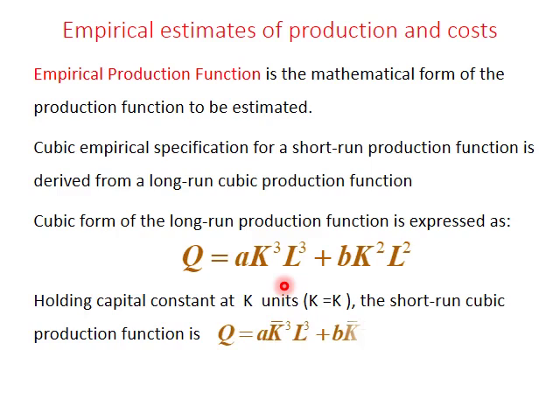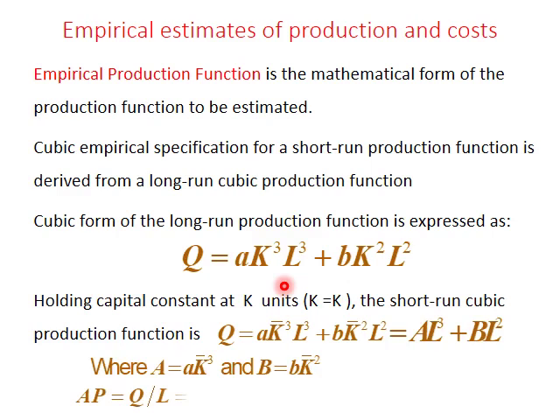As we know, there are fixed inputs in the short run, whereas all the inputs are variable in the long run. So this equation is the cubic form of the long run production function, holding capital, that is K, constant.